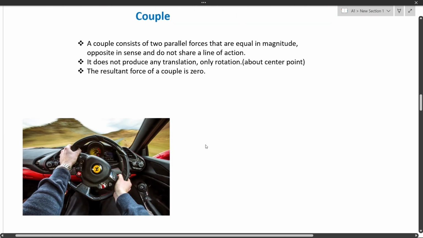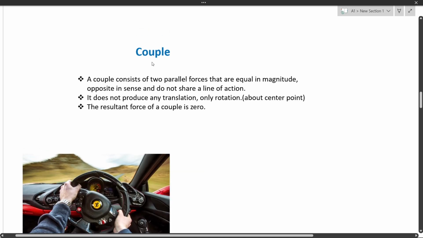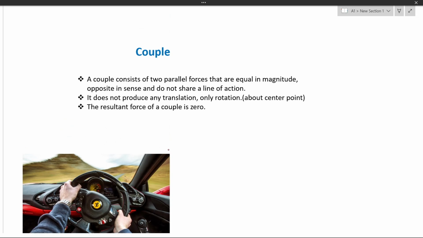And a couple is nothing but a type of moment. As the name implies, it has two parallel forces that act equal in magnitude, opposite in direction, and do not share a line of action. For example, two forces like this, F, F. Both have the same value, parallel to each other, but do not share a line of action.